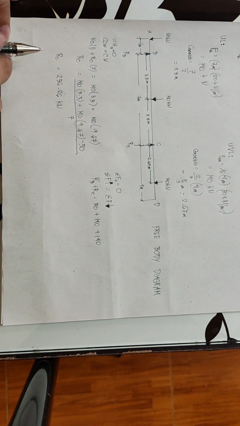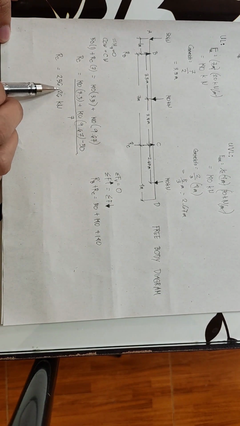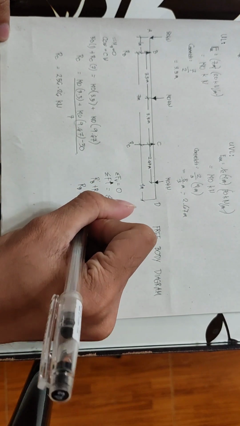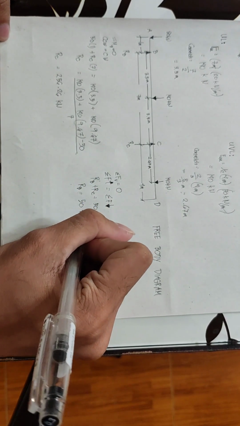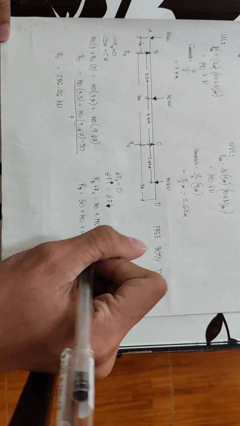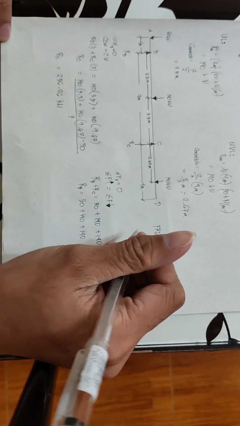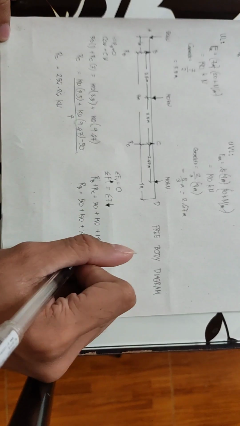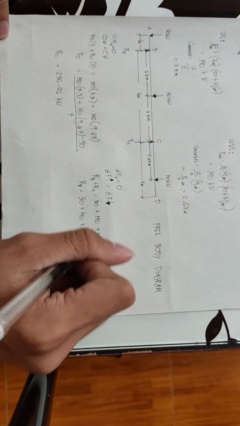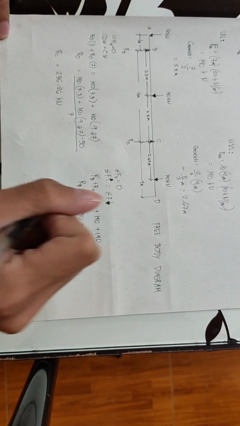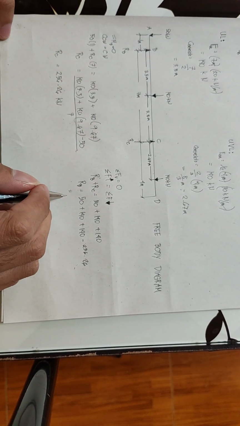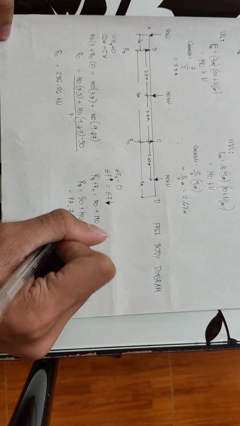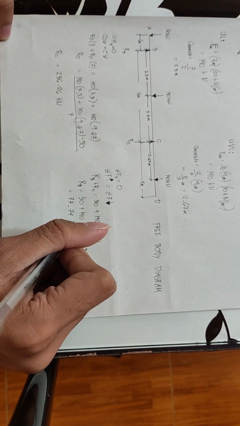So since we have a value of RC, we can now solve RB. So RB will be now 50 plus 140 plus 140. Then positive RC, transpose to the other side, negative RC is 256.26. So if you calculate this one, we will get 73.74. The unit is kilonewton since it's a force.